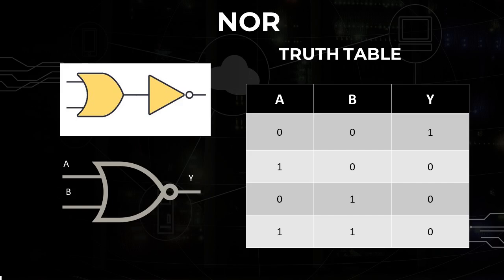When both inputs are 1, the output is 0 because both inputs are high and NOT inverts the OR result to 0. In summary, the NOR gate outputs 1 only when all inputs are 0 and 0 otherwise.